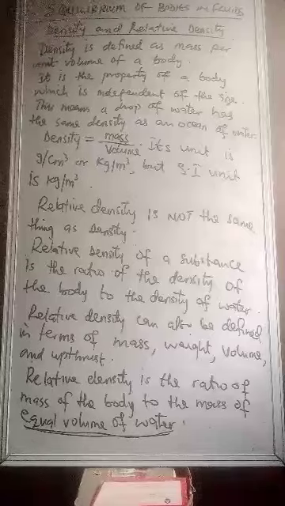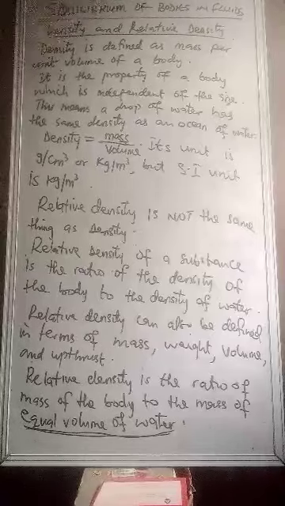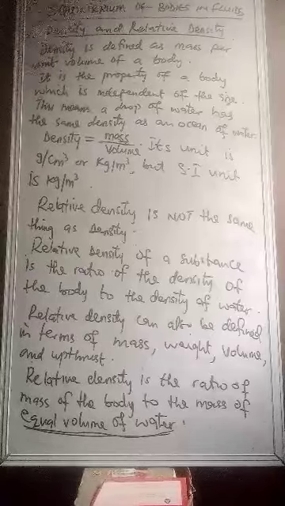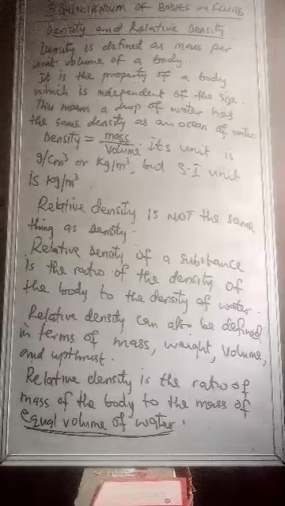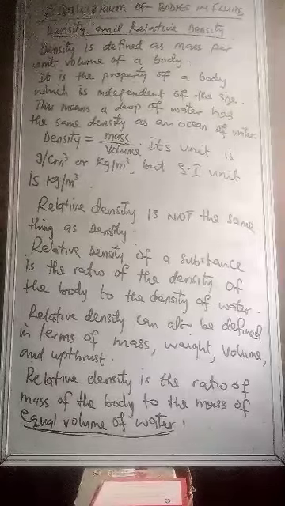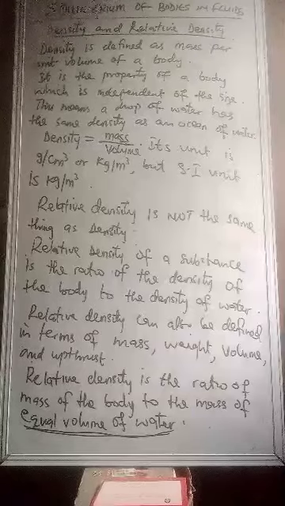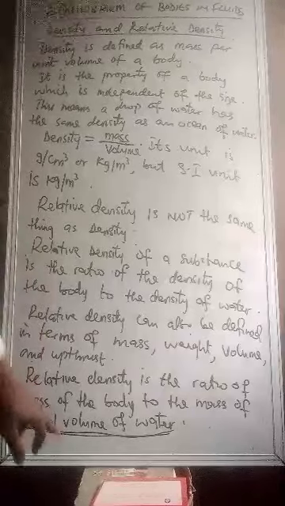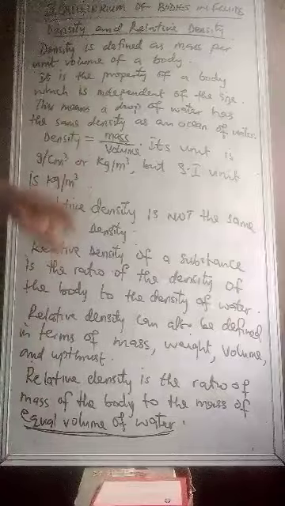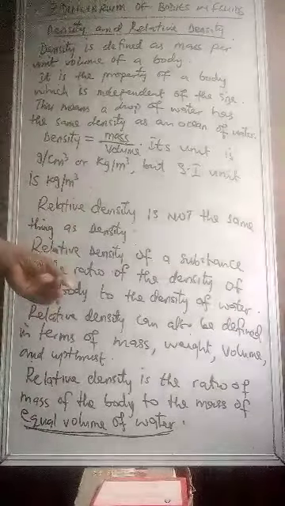Relative density is the ratio of density of a body to the density of water, or the ratio of mass of a body to the mass of an equal volume of water. That is why I underlined this. When I use density, I did not put equal volume of water.